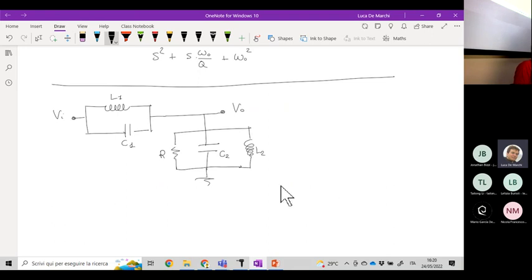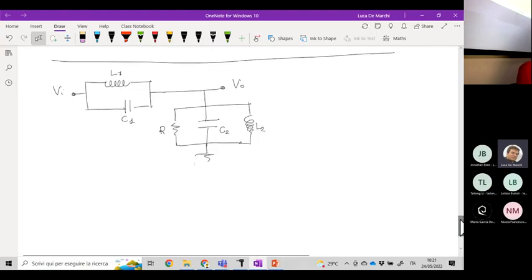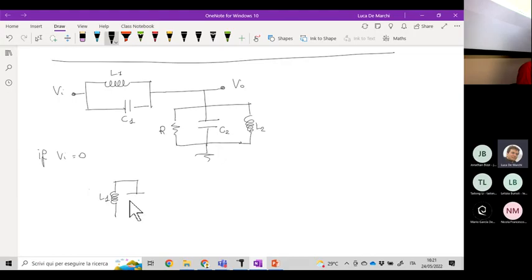This configuration seems slightly different from the others, in the sense that when we null the input, we have the parallel of L1, C1, R, C2, and L2.